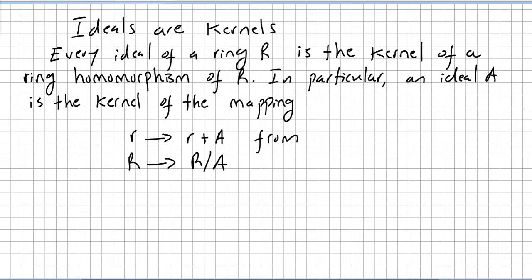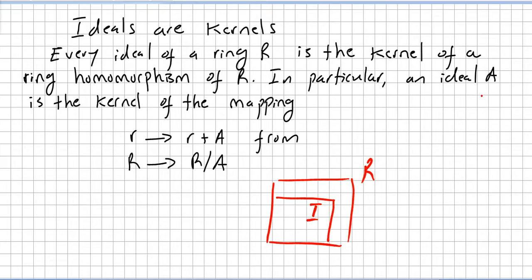Okay, so the last one, for the moment, of course: ideals are kernels. Every ideal of a ring R is the kernel of a ring homomorphism of R. So we have a ring R, and here we have an ideal.